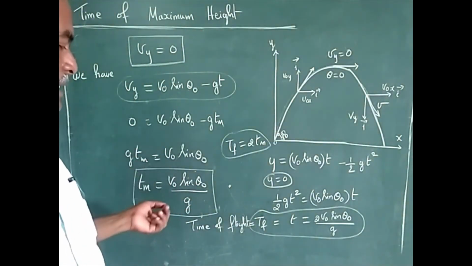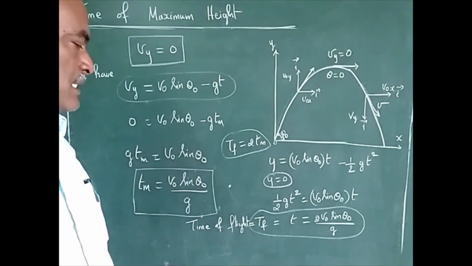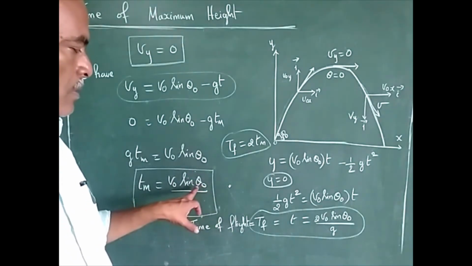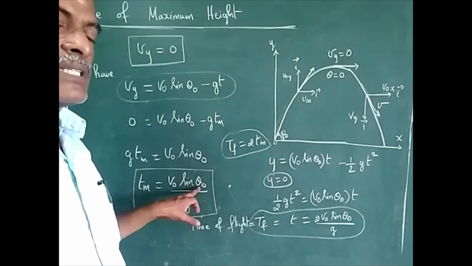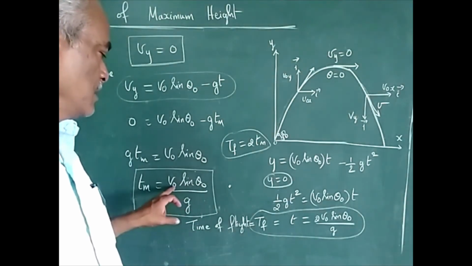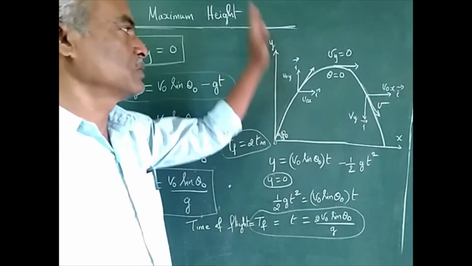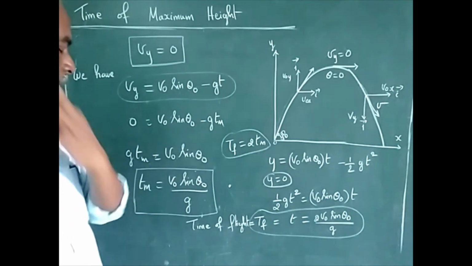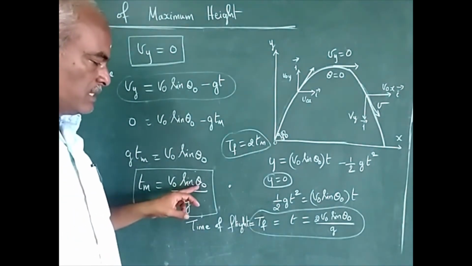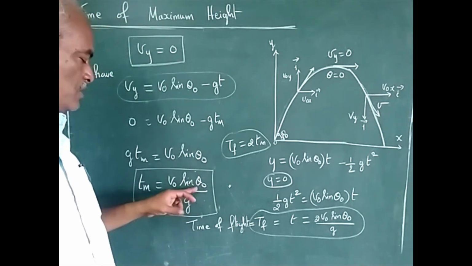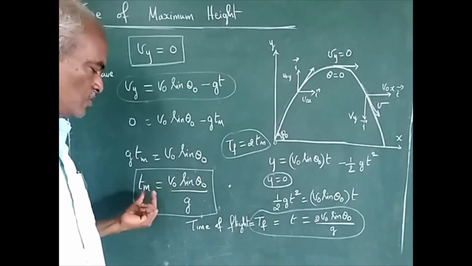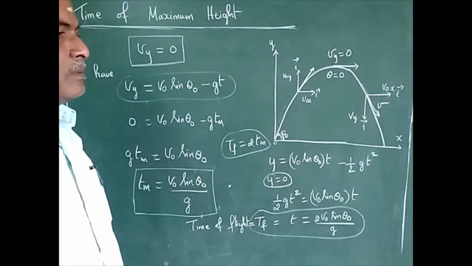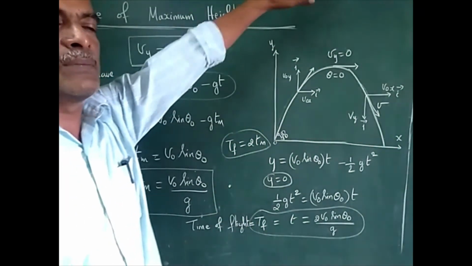Suppose theta naught is 90, so sin 90 is 1, therefore you will get V naught divided by g, that means it goes vertically, right? Now if theta naught is 0, then Tm is equal to 0, that is sin 0 is 0, so it won't reach any maximum height.